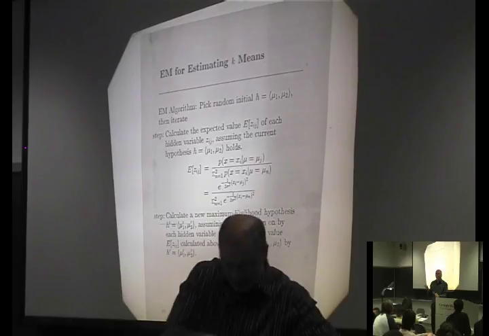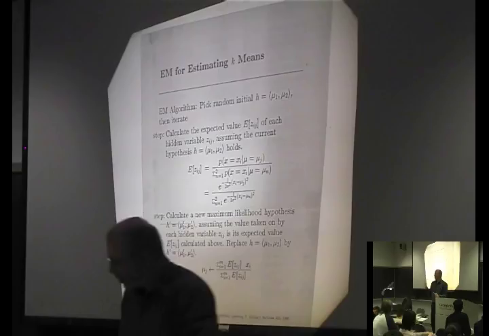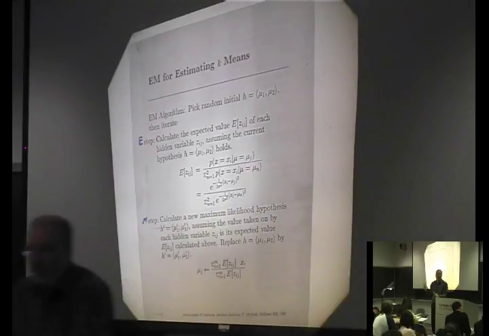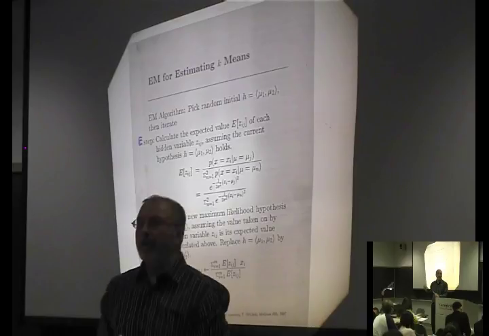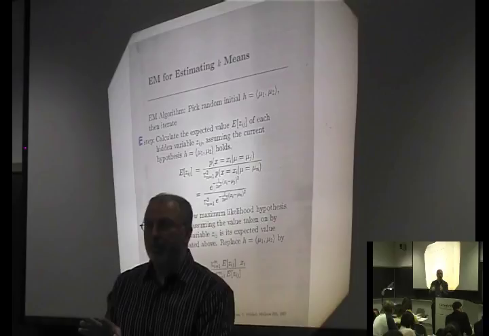It's basically the probability that Z_ia is 1, right? Because Z_ia can only be 1 or 0. So to say what is the expectation of Z_ia is exactly the same as what is the probability that it's 1. So in the E step we calculate the expectation of the latent variables, namely the probability that they are 1, or in other words, which fraction of the data point should go into each bucket.